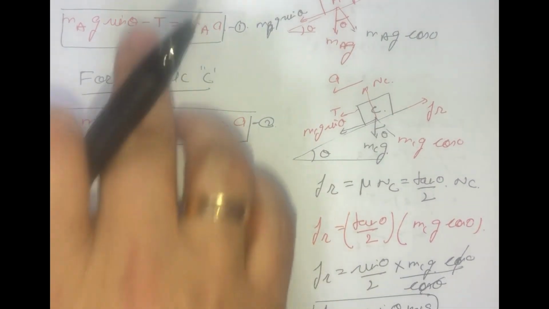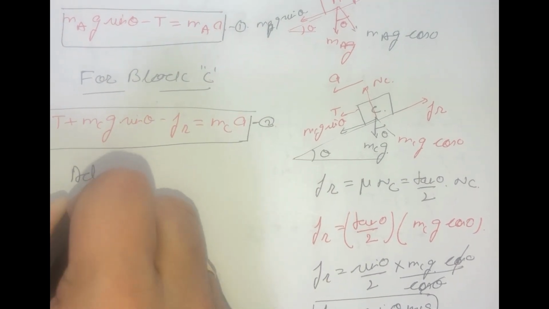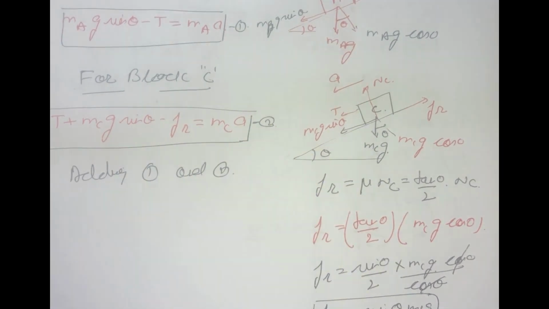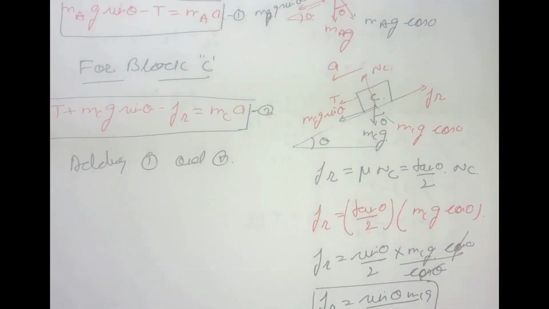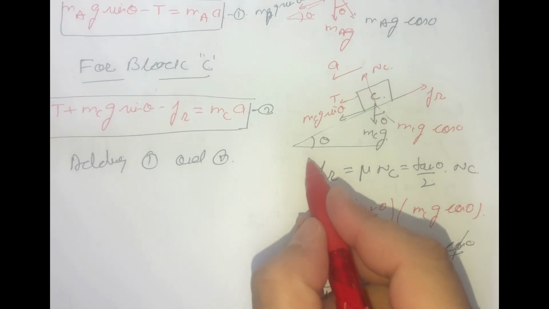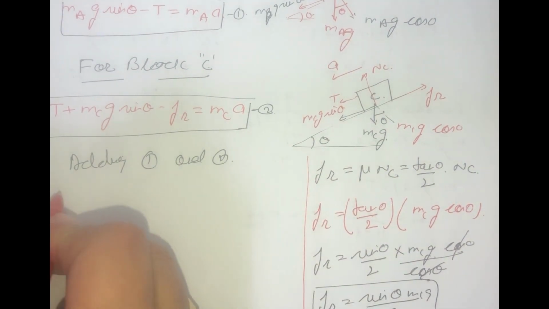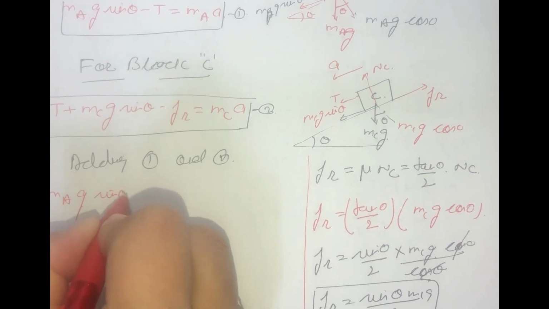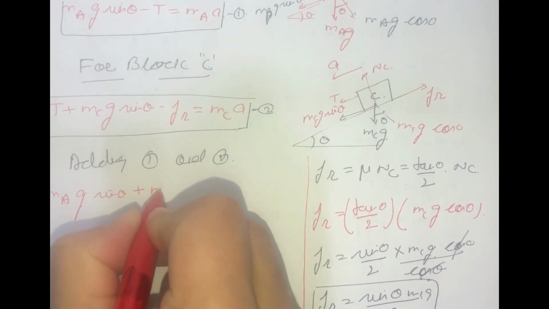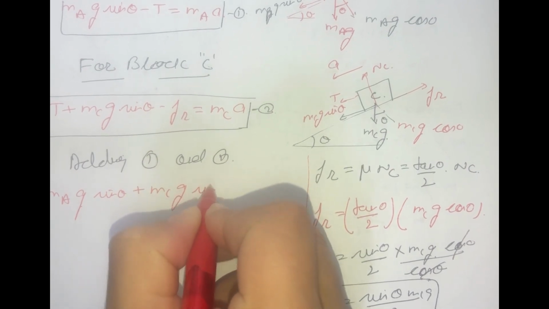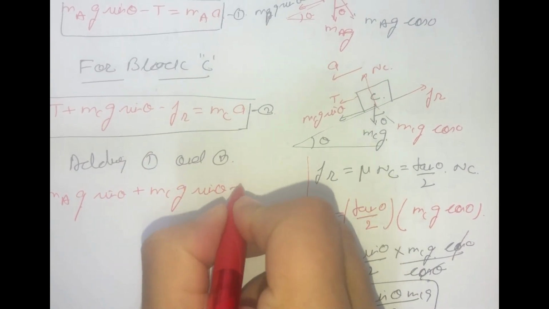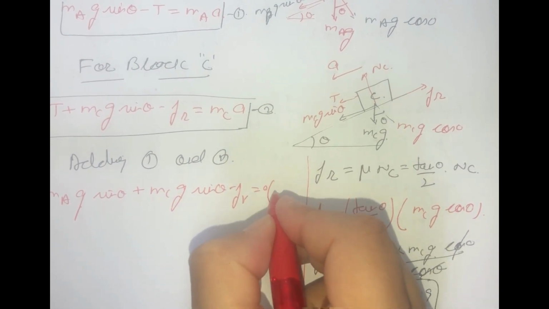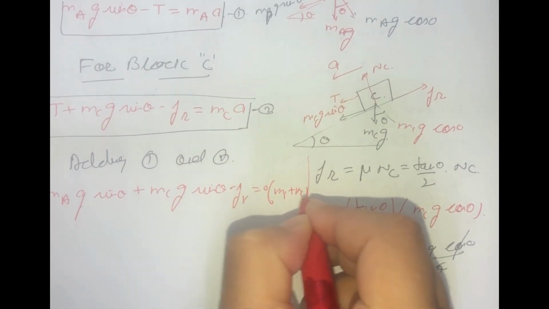So adding 1 and 2, T and T cancels out, so we get this as mAg sine of theta plus mCg sine of theta minus Fr is equal to A is common, so this will be mA plus mC.